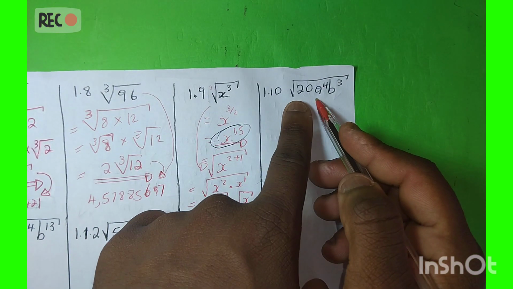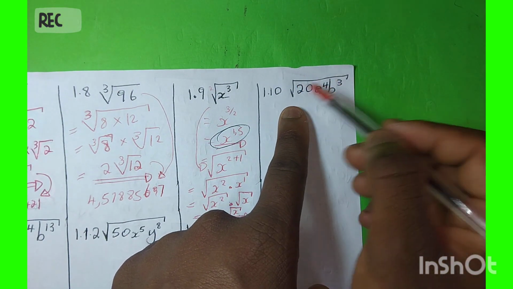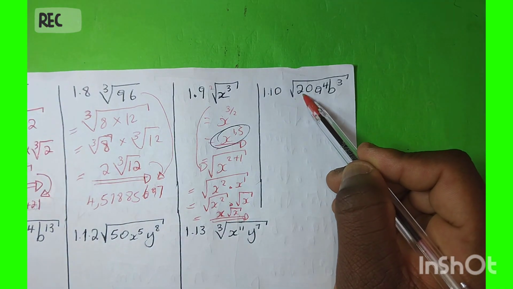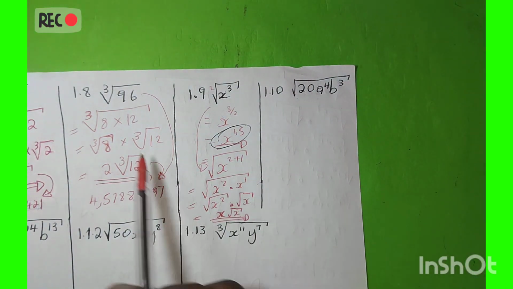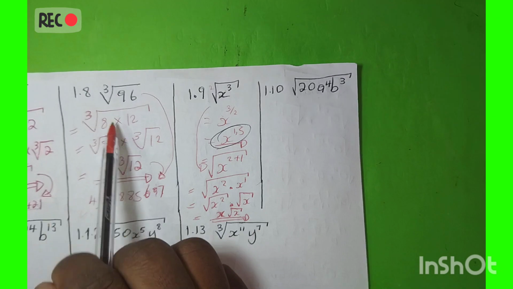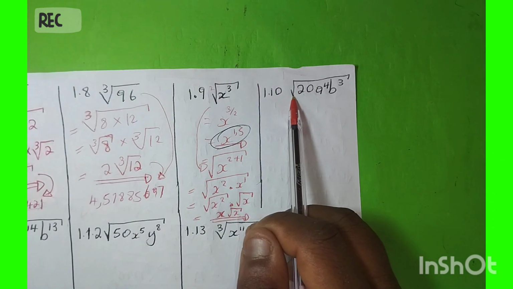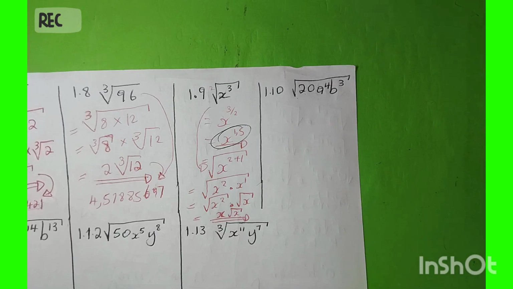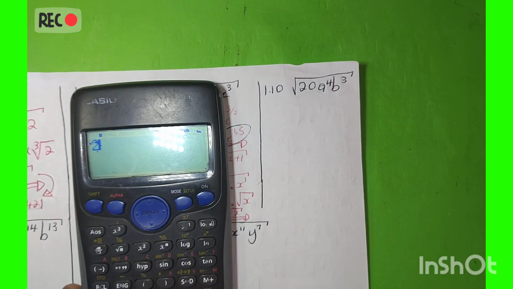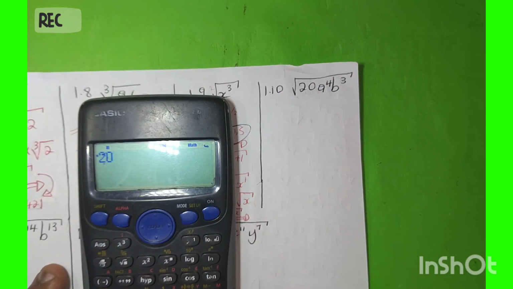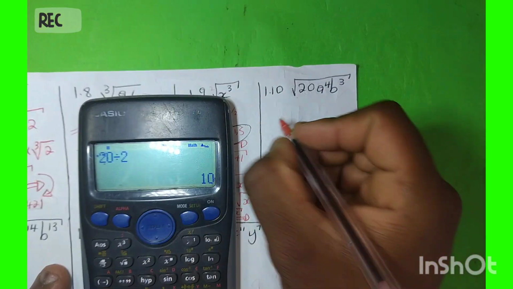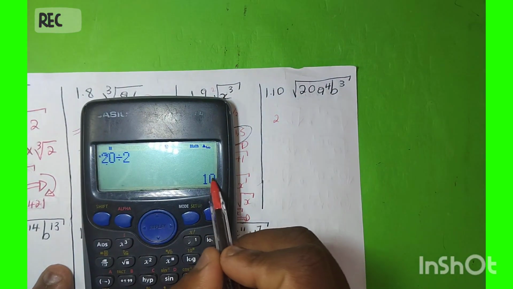Then for this one now, here we're dealing with a square root, meaning that I should try to introduce a perfect square. Here I was dealing with a cube root, I was introducing a perfect cube. But here I'm introducing a perfect square. How do you introduce the perfect square? You just say 20 divided by 2, meaning that it's 20, here it will be 10.